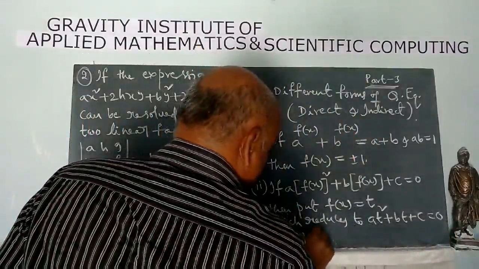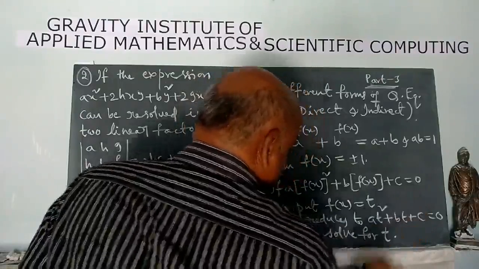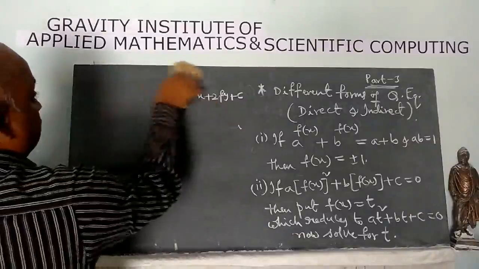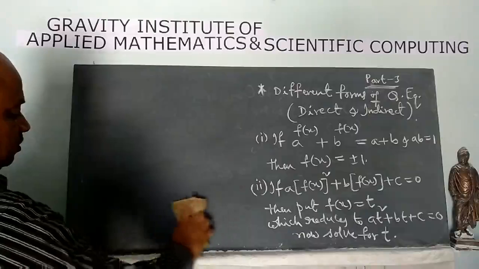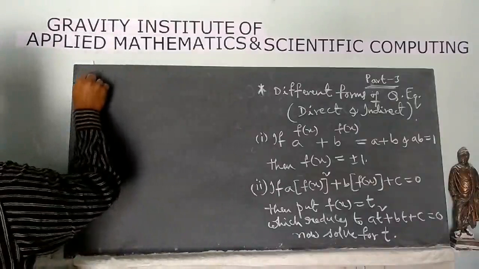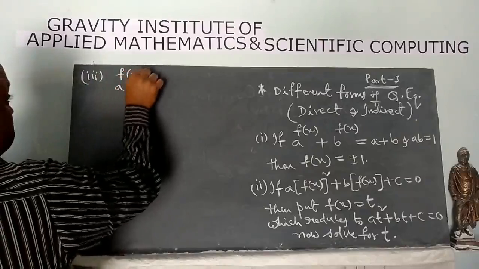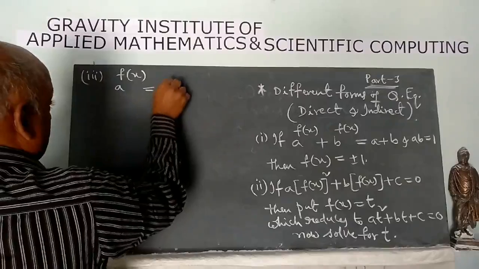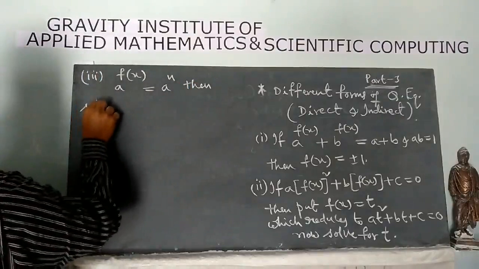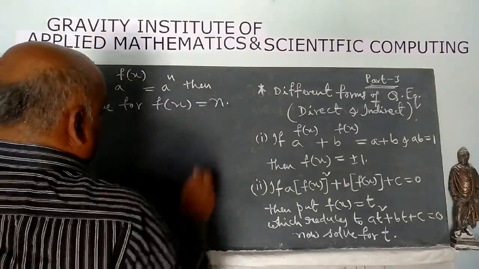Now solve for t. Third subpoint, a to the power of f of x is equal to a to the power of n, then solve for f of x is equal to n.